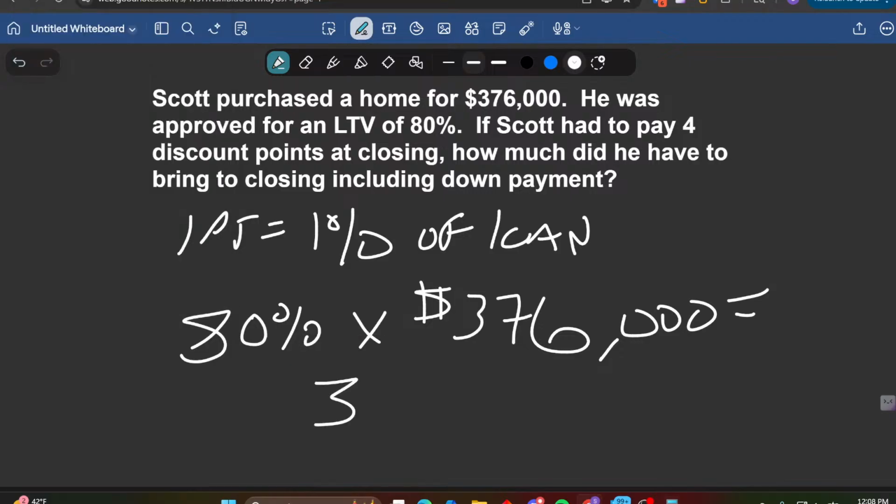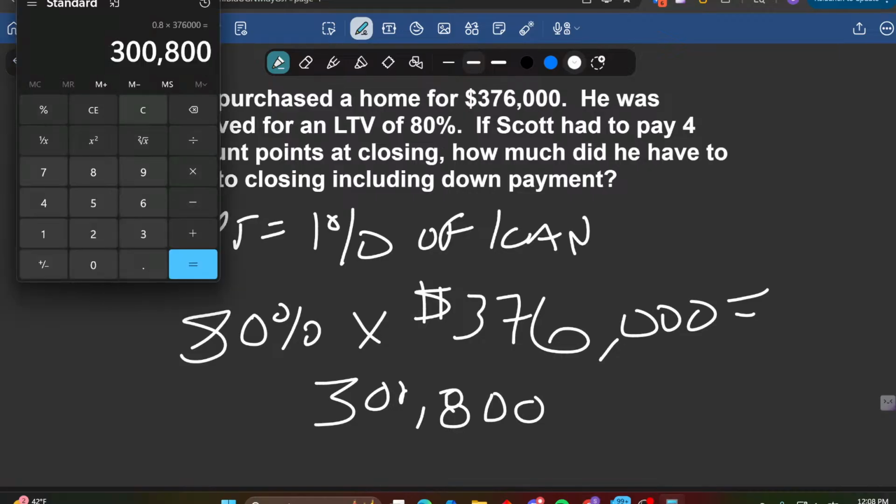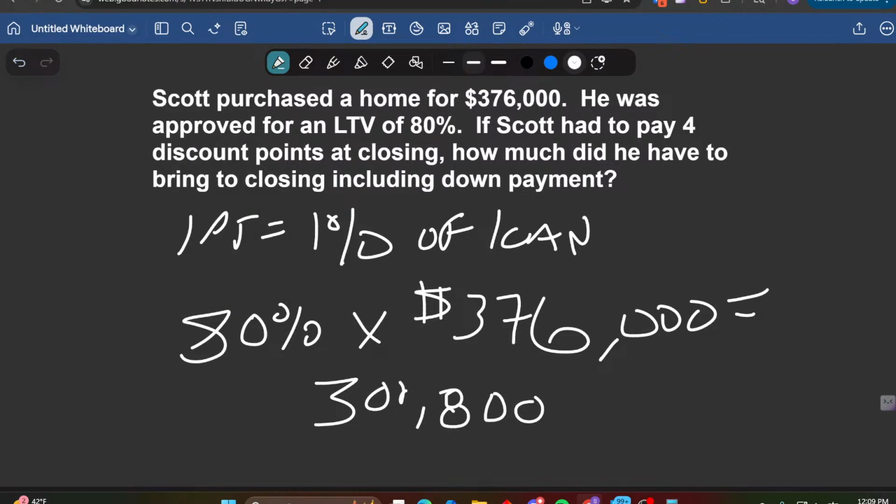300,800. Now that we know that, we have to figure out the discount points and the down payment.